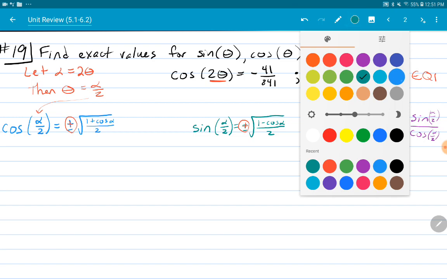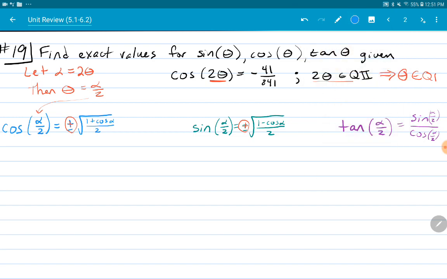Oh, I'm sorry, that's blue. Okay, so cosine of alpha over 2, with alpha being 2 theta, is cosine of theta. And then that equation will be positive, because it's in Q1, square root of 1 plus, and alpha again is 2 theta, so I want cosine of 2 theta here, all over 2.